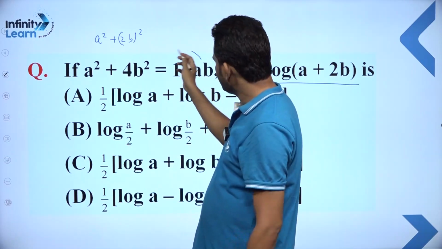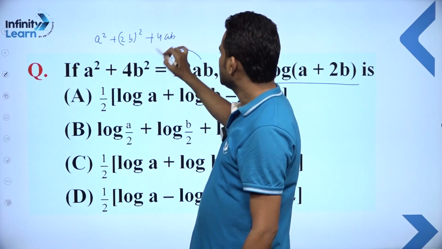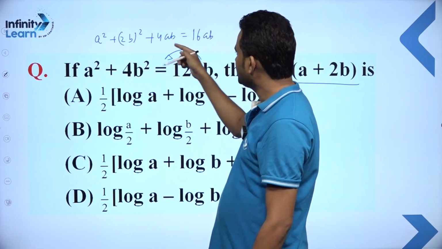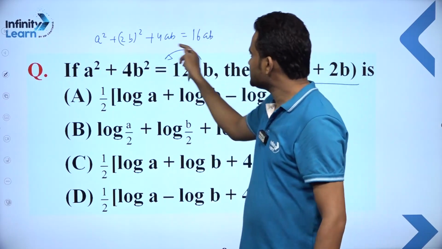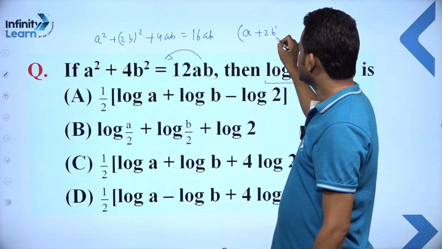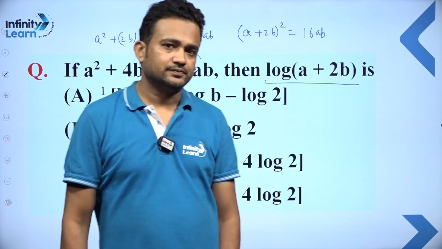So let us bring 4ab this side from 12ab. So we will get 4ab, and what will be left guys? It will become 16ab. Simply you have to add 4ab both sides, right? So what is this? This is a plus 2b whole square. So a plus 2b whole square is equal to 16ab, right?